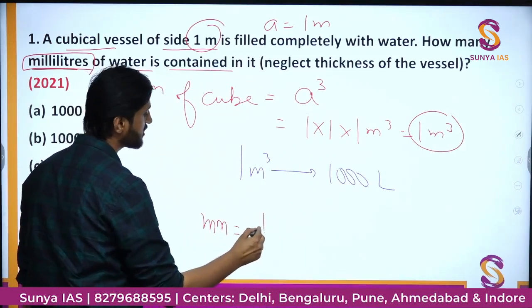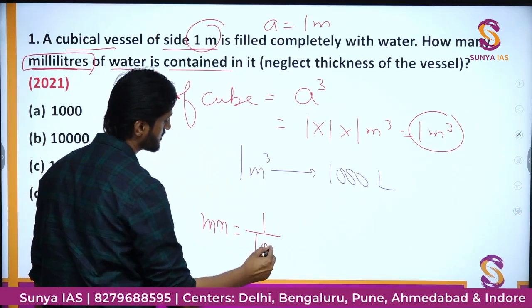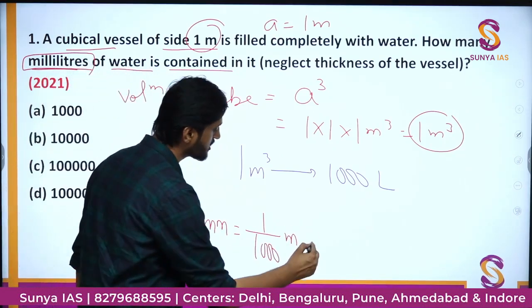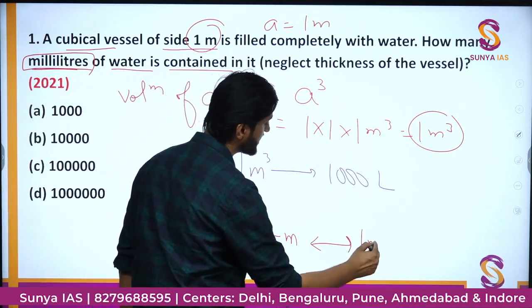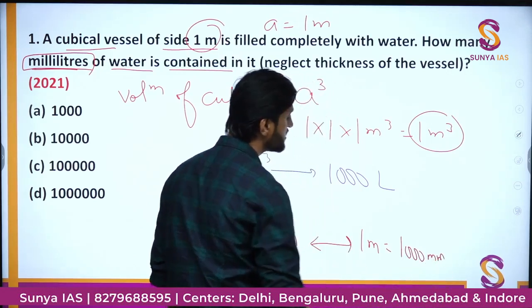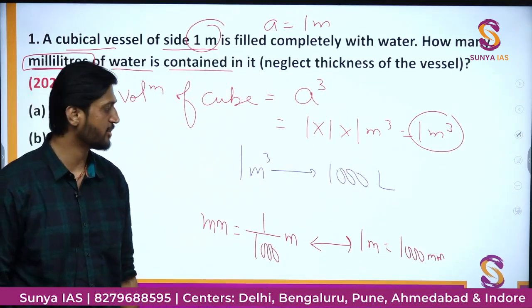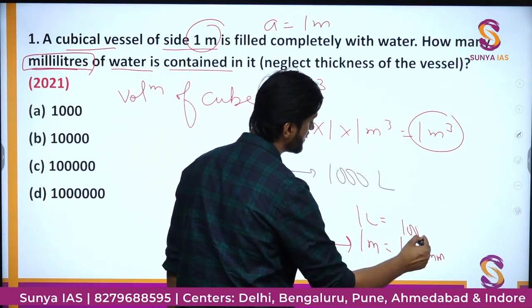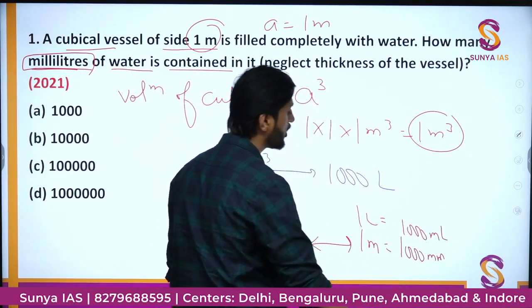Millimeter is nothing but 1 by 1000 meter, right? We can also write it in reverse, that 1 meter has 1000 millimeters. The same thing applies for the liter part: 1 liter will contain 1000 ml, or milliliters.